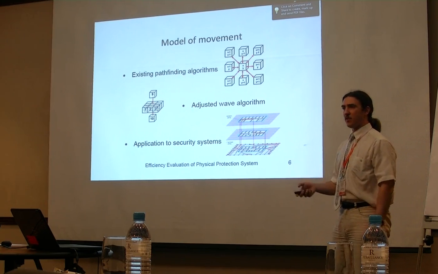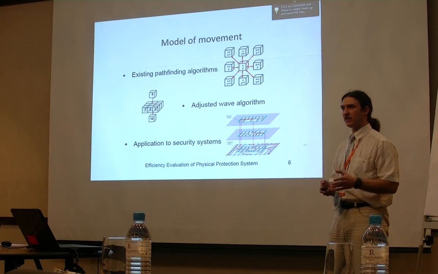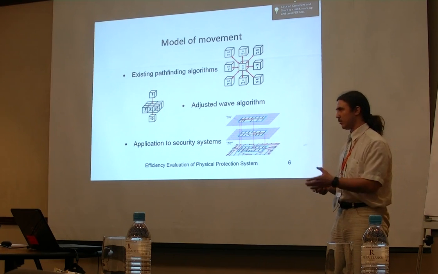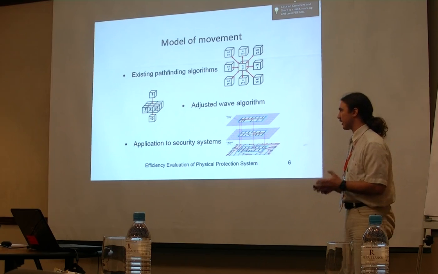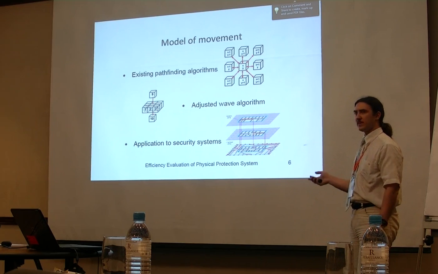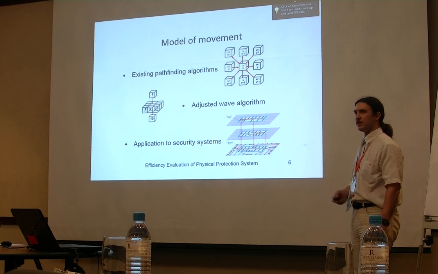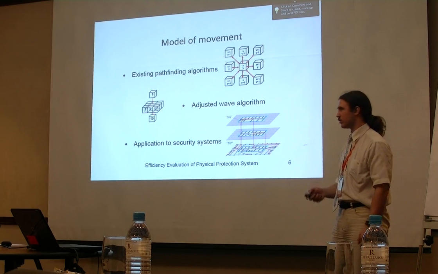As I mentioned before, the system is considered effective if security forces have enough time to intercept an intruder. So we need some kind of path-finding algorithm to find the best routes, the most vulnerable routes, and protect them. First, I'll briefly mention existing path-finding algorithms. Then I'll introduce our modification of a wave algorithm and show how it can be applied to security system efficiency evaluation.